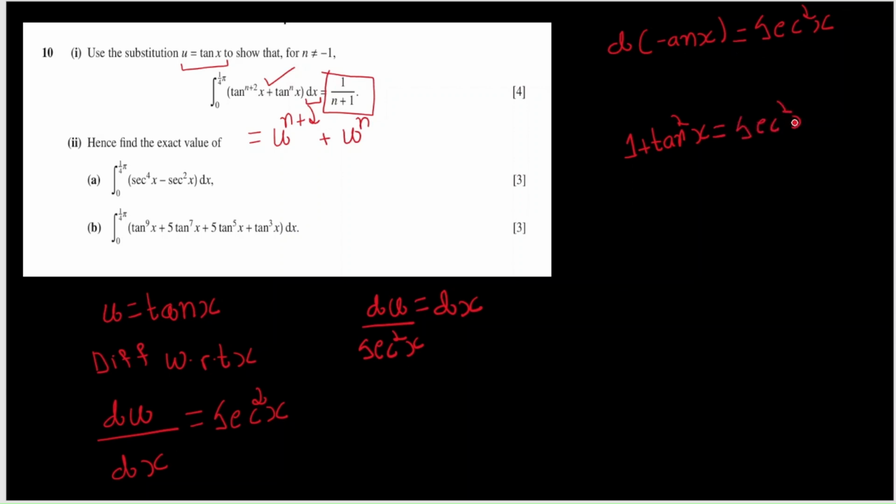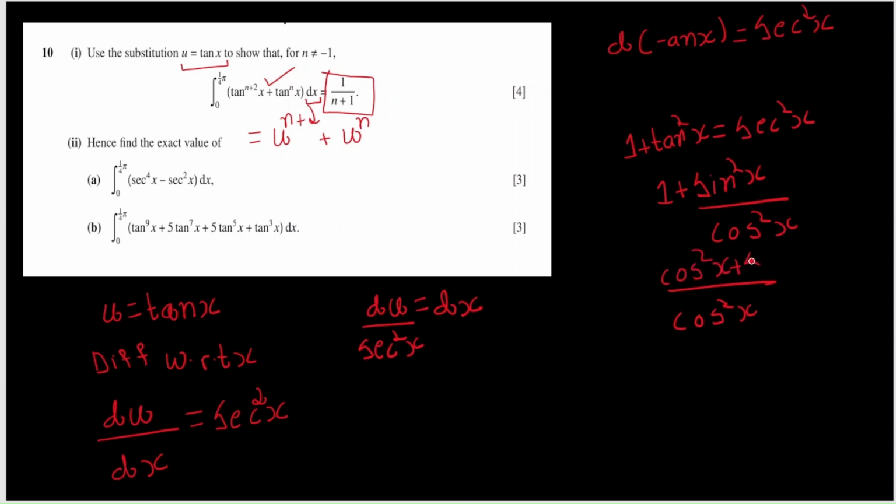If you ask from where we get this, I'm going to do the same thing. 1 plus tan square x is 1 plus sin square over cos square. We're going to take the LCM, and we're going to get cos square x plus sin square x over cos square x, which is equal to 1 over cos square x, which is equal to sec square x. So from here we get this.